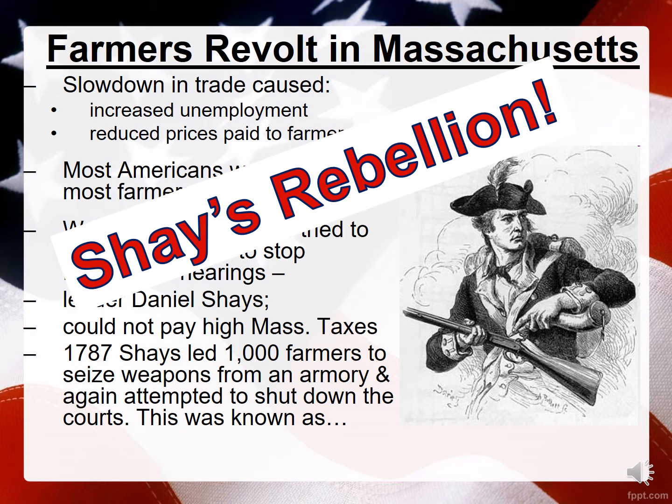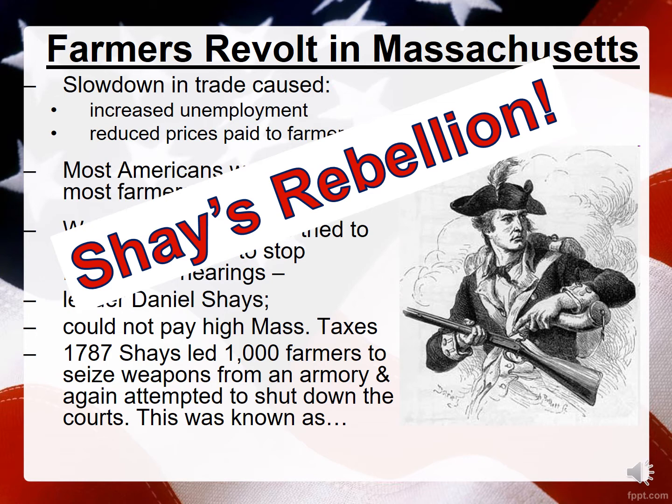he said, as much as I would like to, one, the federal government does not have a power to call in a militia, and two, many of the militia and the members of the Continental Army that fought the British, in fact those that I would call out, are those that are actually trying to stop the foreclosure hearings there in Western Massachusetts. And so those Minutemen and the people who made up the Continental Army, many of them were actually a part of the rebellion.